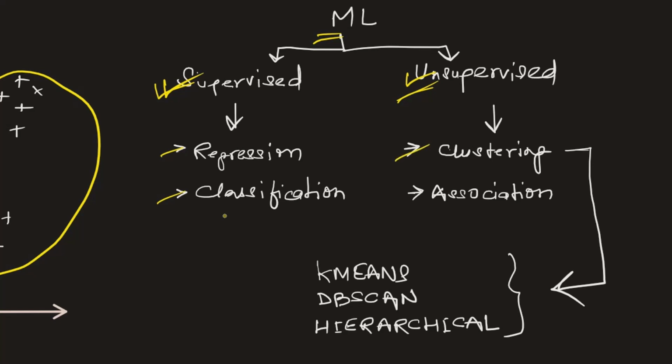First will be clustering and another will be association rule learning, which we usually apply with movie recommendation systems or book recommendation systems, etc. For the time being, we will keep our focus only on the clustering part. And these are the three basic clustering algorithms that you will be supposed to know if you are applying for a job where machine learning is required. With this lecture, we are covering the first clustering technique, which is K-means. And in the upcoming lectures, we will also cover DBSCAN and hierarchical clustering.